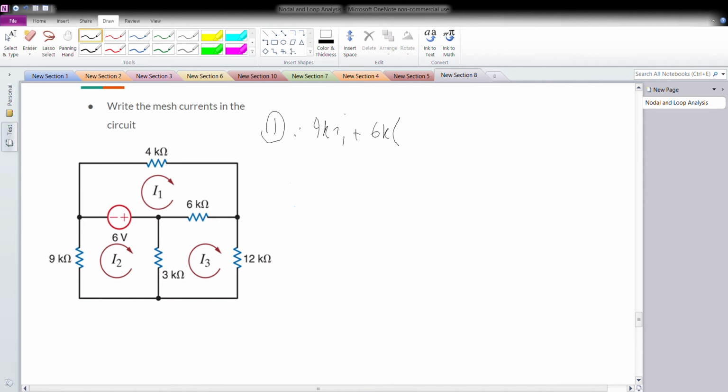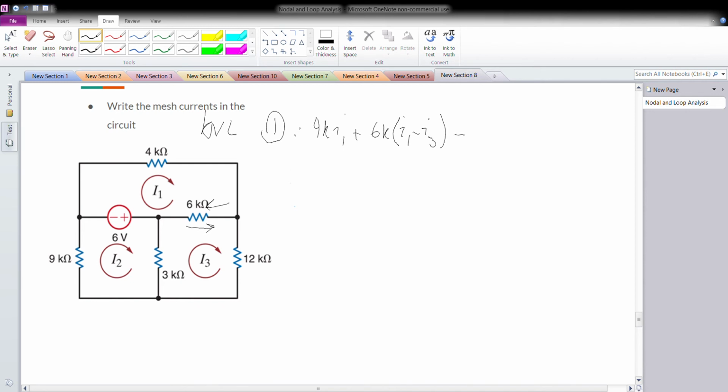The 6K is shared between I1 and I3, but because I'm writing the KVL for loop 1, I'm first going to see which direction they're going on the 6K. So I1 is going in this direction, I3 is going in this direction, so they're going opposite of each other. And because I'm in loop 1, loop 1 is going to come first, so it's going to be I1 minus I3.